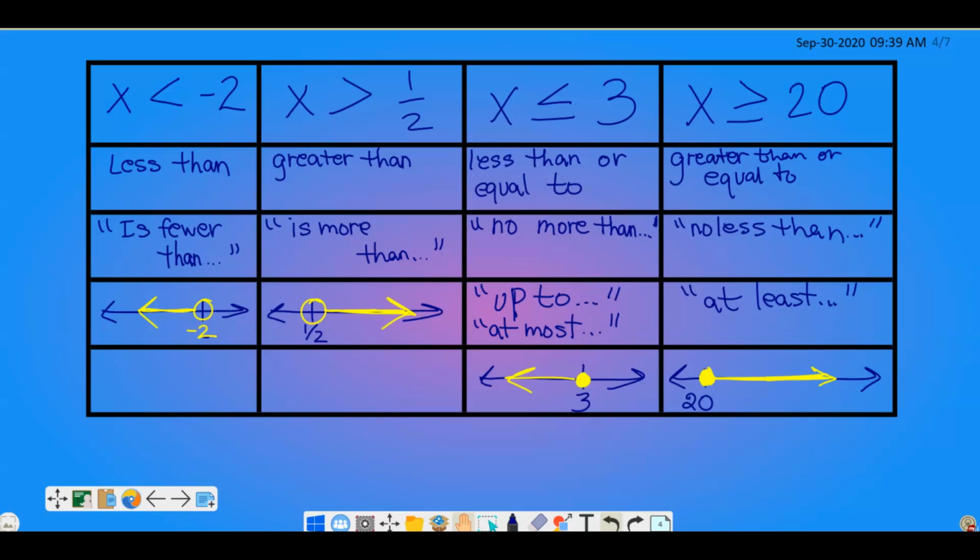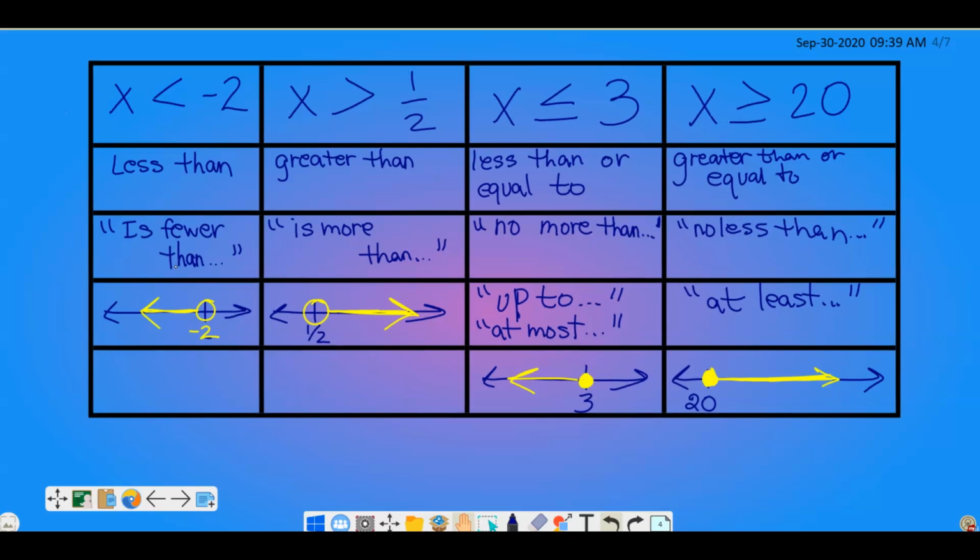And it says here, is fewer than. Now, the important thing about that is that it's obvious if something is fewer or less than something, the implication is that the something, the -2 in this case, is not included in the solution set.